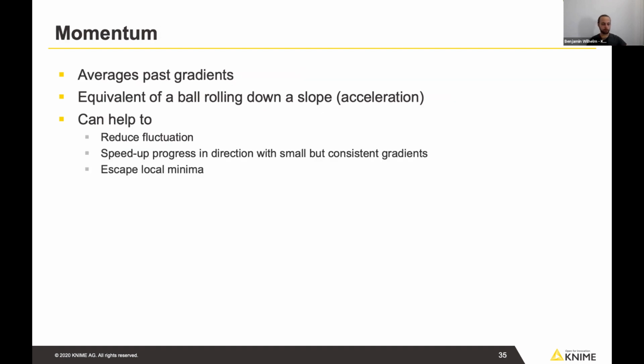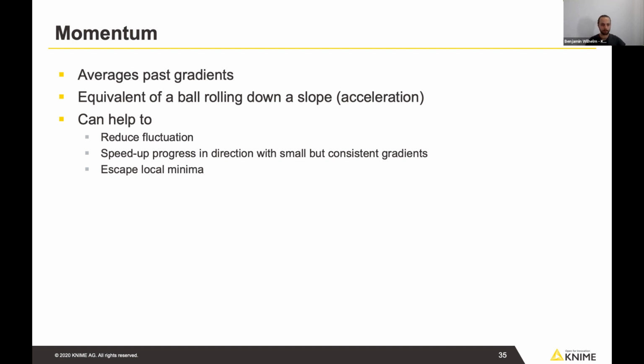We can further improve our gradient descent algorithm by using a momentum term. Momentum term means that we average our past gradients into the current gradient and add them to the current gradient. This is like a ball rolling down a slope and accelerating because the gradient gets some speed in the direction where it is always going.